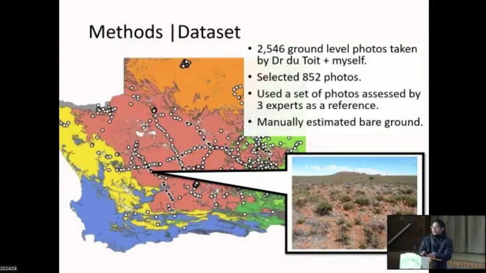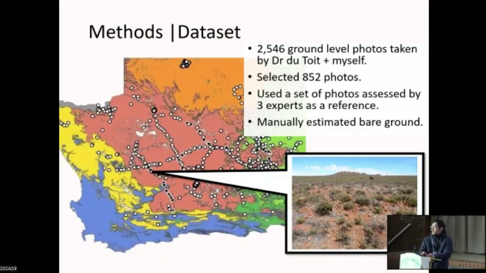Dr. Justin Du Toit has been taking more than 2,000 photos from different places in Namakuru, and I can use this great archive of his landscape photos as a training data set.